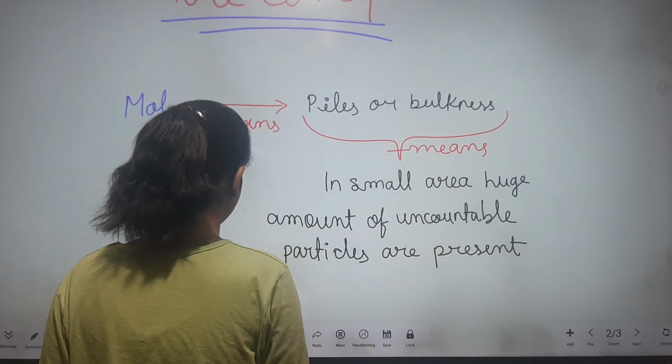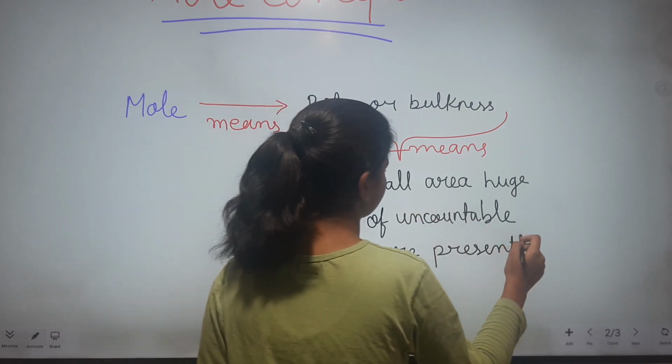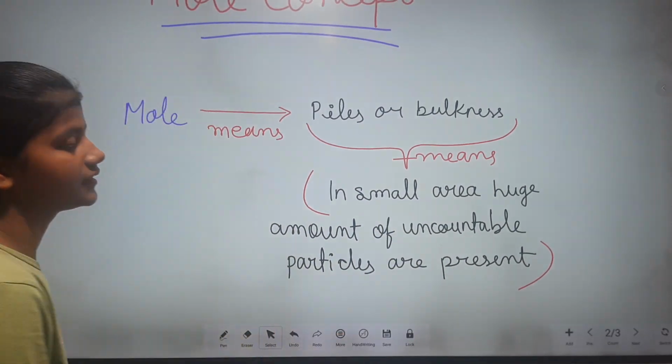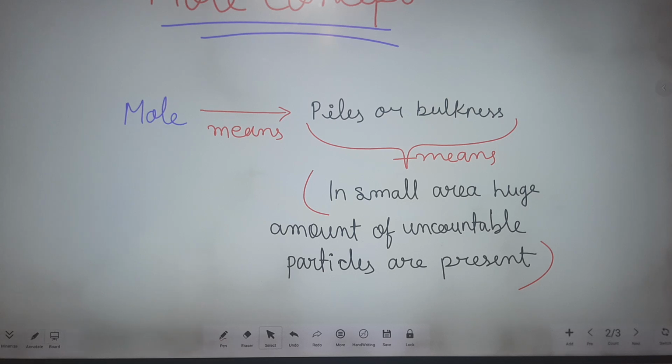Okay. So piles or bulkness means in a small area, a huge amount of uncountable particles are present. Okay, in a small area. Okay.